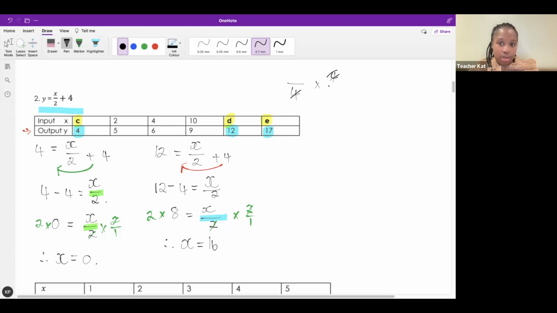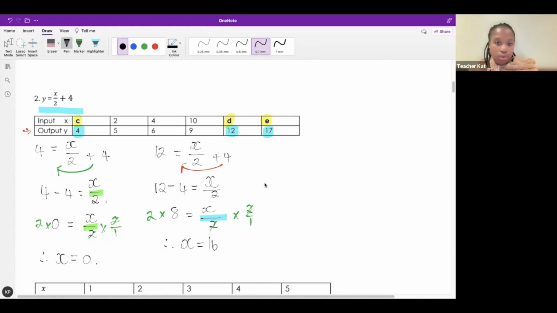Yes, ma'am. If you're dividing by 10, you have to times by 10 so that they cancel each other out. Does that make sense? Yes, ma'am. Thank you. You're welcome. Okay, guys, so whatever you are dividing by, you just do the opposite. You multiply by that number so that you can cancel it out.